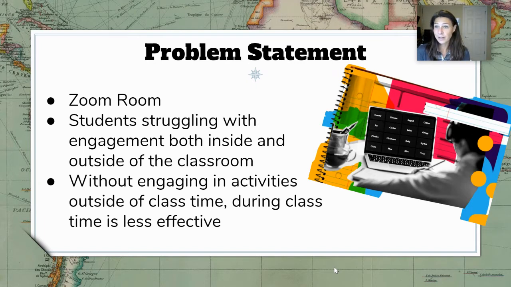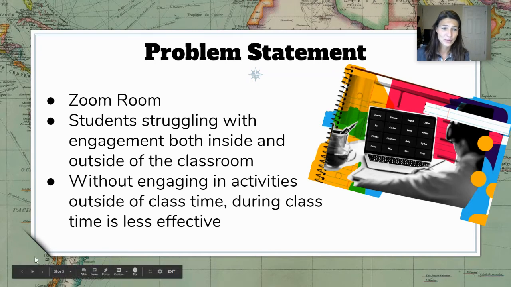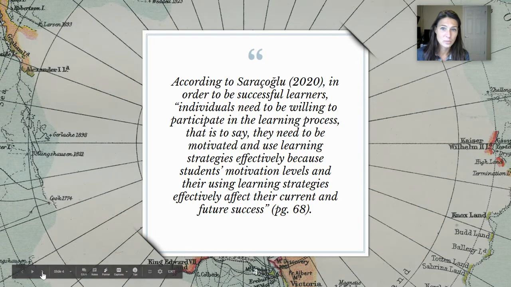And I don't have any of that as an option in a Zoom room. And so I really started wondering, are kids even there? So that was the idea behind why I wanted to look at student engagement.